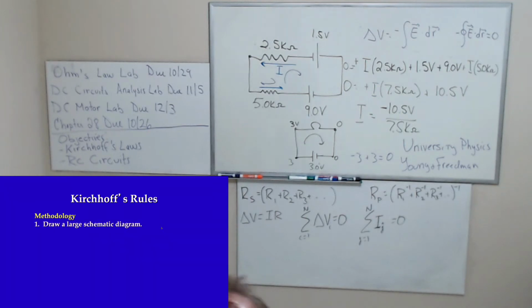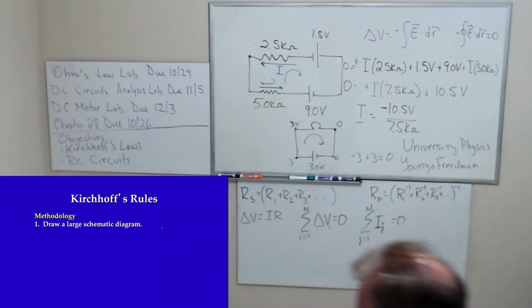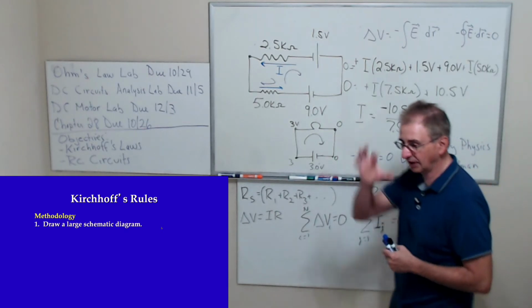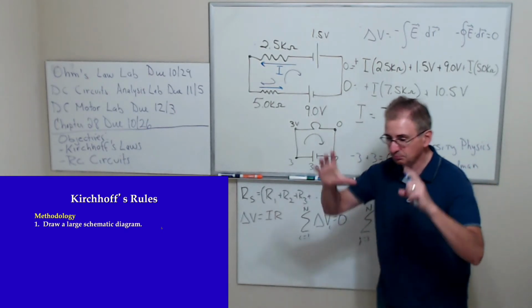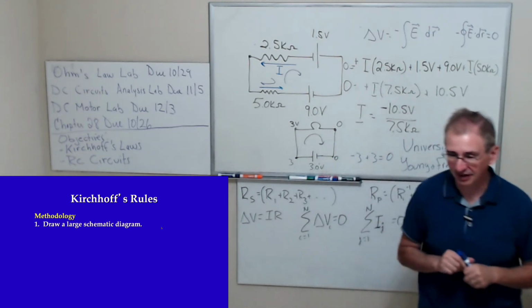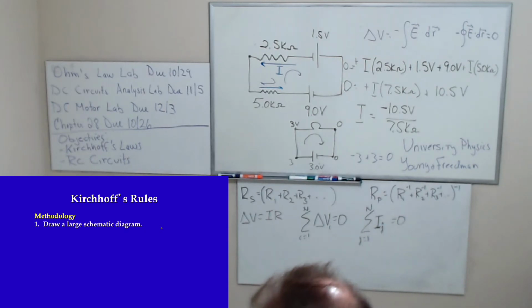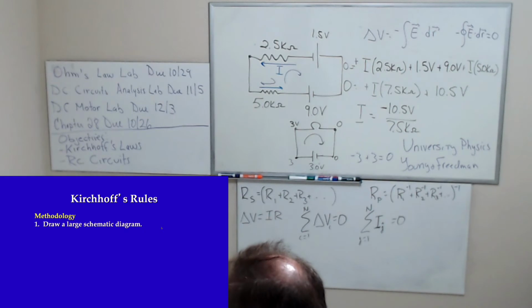So here's the methodology. The first thing you want to do in solving these problems, and it always drives me crazy when a student draws a tiny picture, is draw a nice big picture, a nice schematic diagram of your circuit.